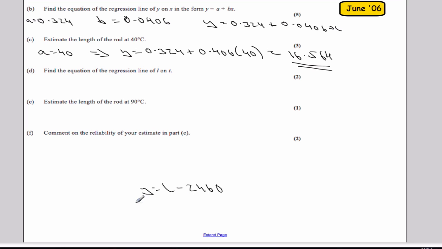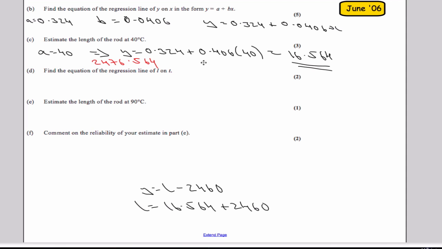So in order to get L, L will equal 16.564 plus 2460 gives me an answer of 2476.564.